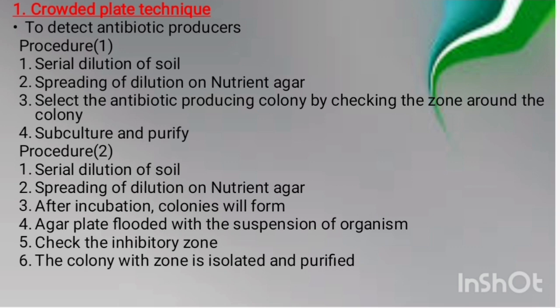The antibiotic producer can be indicated by the presence of a zone of inhibition around that colony. The colony that shows a zone of inhibition is subcultured on a nutrient agar medium and that colony is purified by the streaking method.